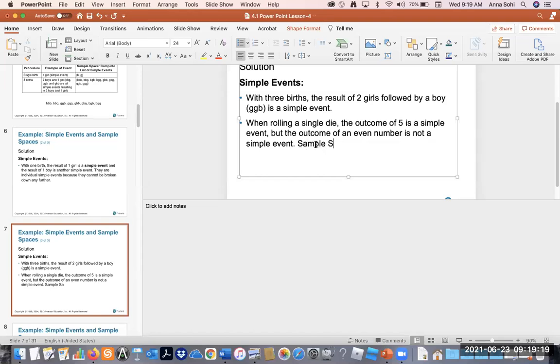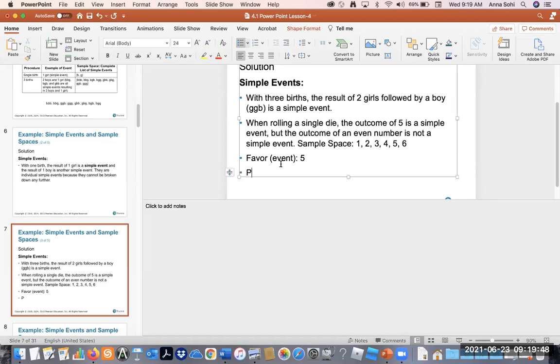Do you see what I'm writing here? Could be 1, could be 2, could be 3, could be 4, 5, and 6. What is my favor here? The favor is the event. Favor is 5. So what are your chances?